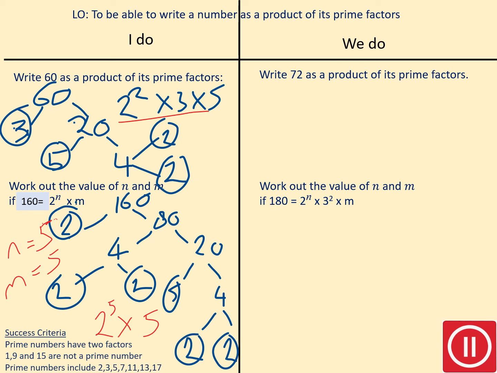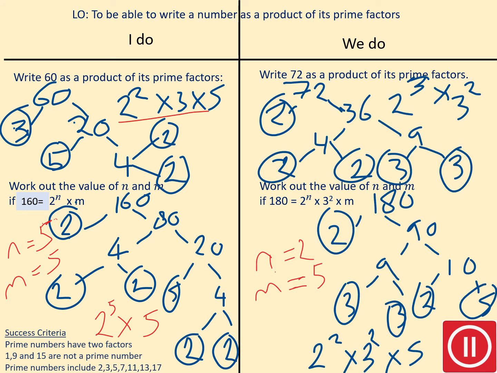So write 72 as a product of its prime factors and work out the value of n and m if 180 equals 2 to the n times 3 squared times m. So let's look at the 72 first. So 72 divided by 2 is 36, so we can circle the 2. 36 isn't prime, it's an even number. Let's have a look at 4.